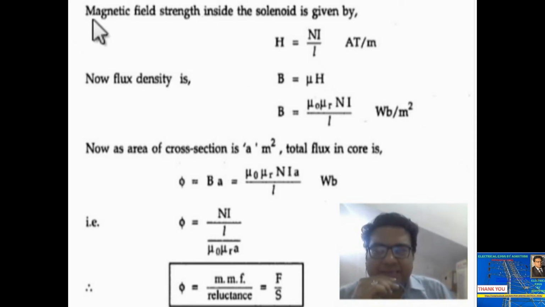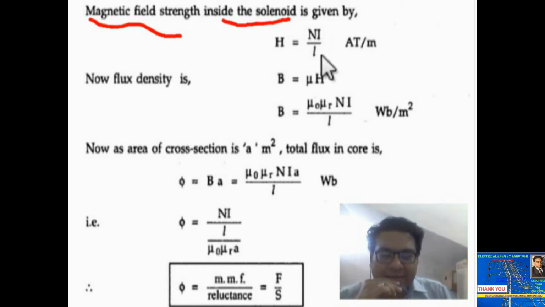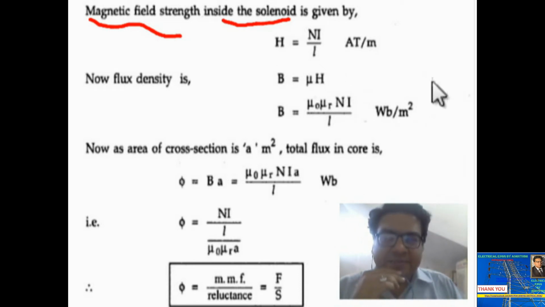Magnetic field strength inside the solenoid is given by H is equal to Ni upon L, MMF per meter. The unit is ampere turn per meter, guys. So H is also called magnetic field strength or magnetic field intensity, and its formula is H is equal to Ni upon L.